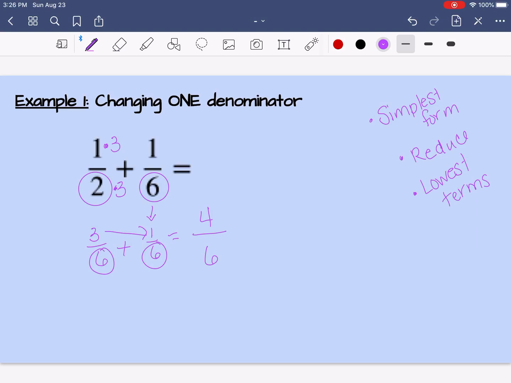So if we've got 4 and 6, what can we divide both of those numbers by? Right, we can divide them both by 2. So we're going to divide them by 2. 4 divided by 2 is 2. 6 divided by 2 is 3. So our final answer is 2 over 3.